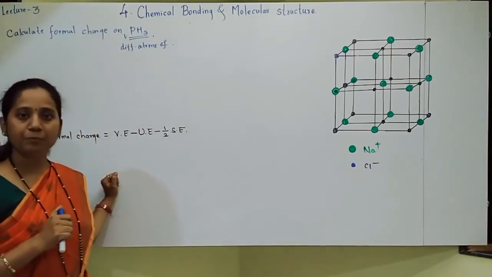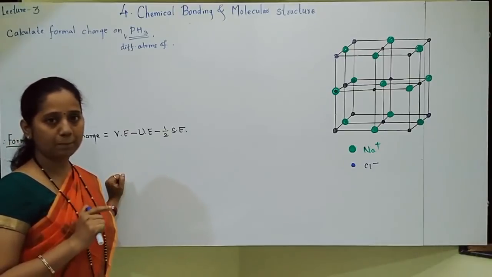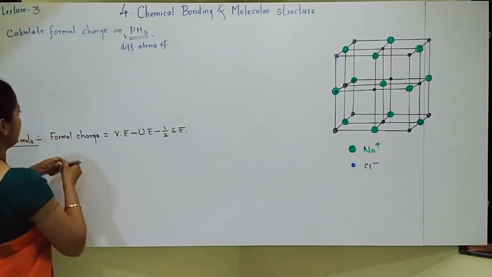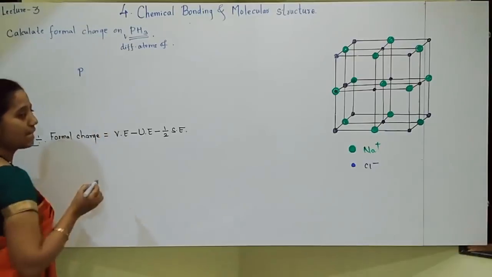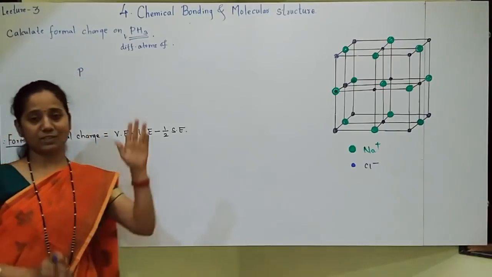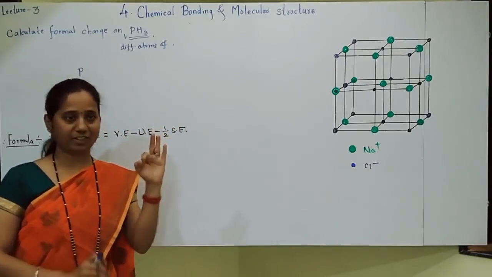Whichever molecule, whenever formal charge is asked, students, it is very important that you must draw the Lewis dot structure. Here, students, phosphorus has how many valence electrons? Five. Phosphorus has 5 valence electrons. It is in need of 3, so it will share 3.